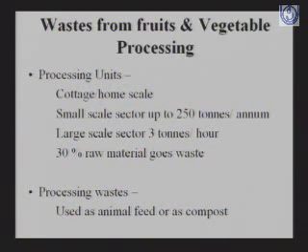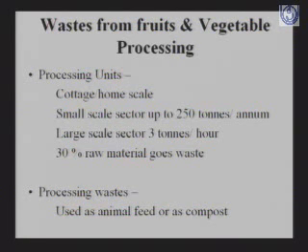Before this, let us see what processing units are available in India: cottage or home scale, and small scale sector up to 250 tons per annum. Large scale sector units produce 3 tons per hour, and during processing 30% of the raw materials goes to waste.